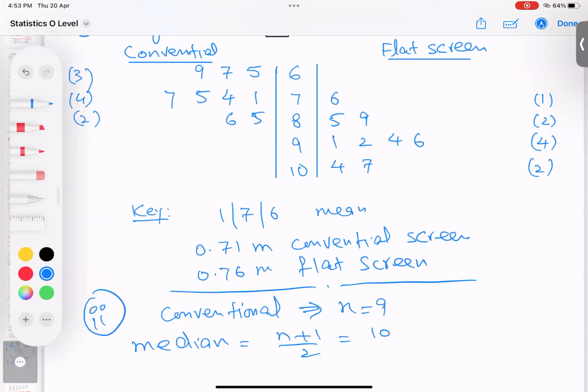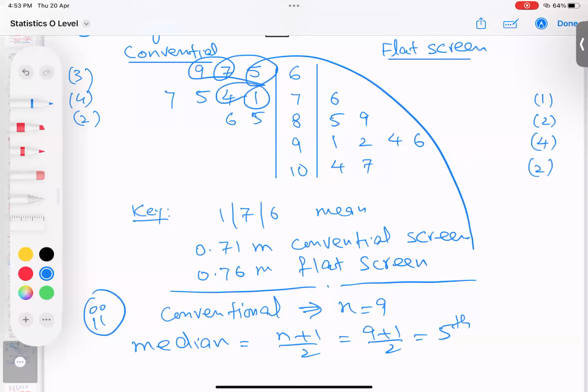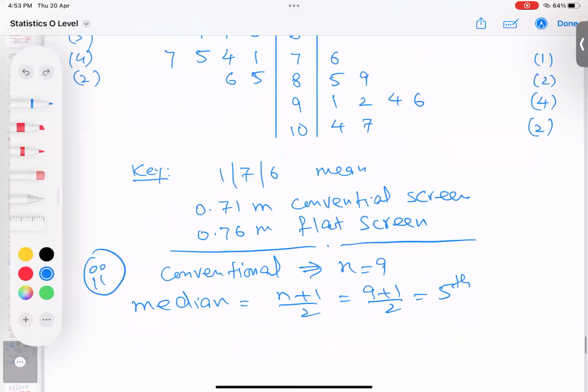I got 9 plus 1, 10 divided by 2, the fifth term. Count from here, 1, 2, 3, 4, 5. So 74, it means 0.74 meters is the median value. I hope you are understanding and now you are enjoying, inshallah.